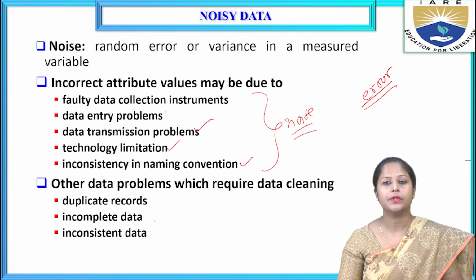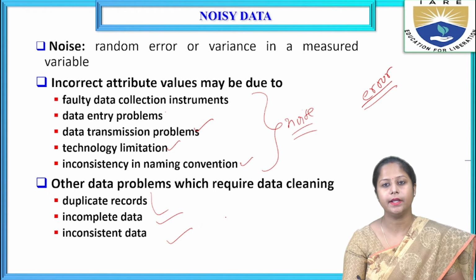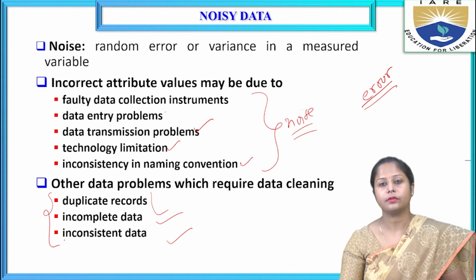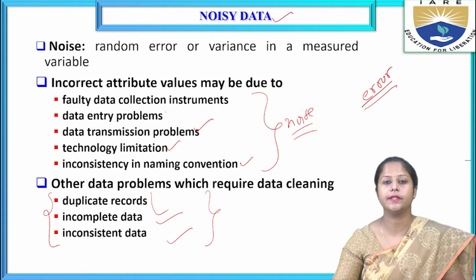Other data problems which require data cleaning are duplicate records, incomplete records and inconsistent data. So that also needs to be replaced with some useful type of data. So all that comes under the noisy data.